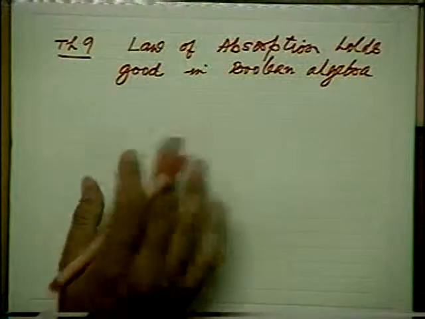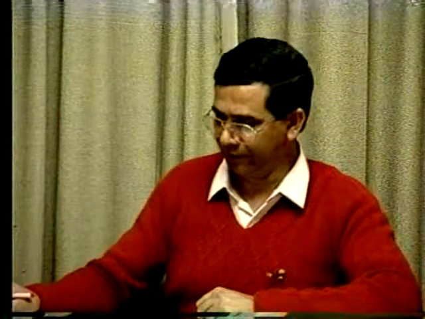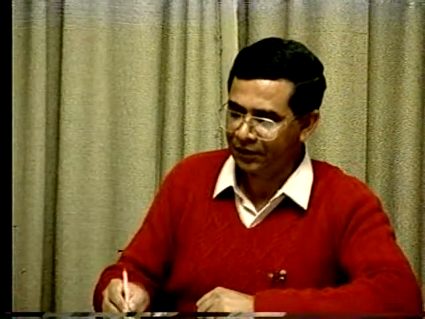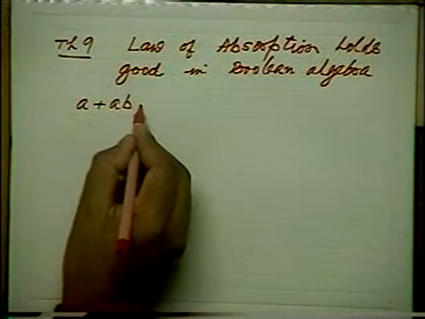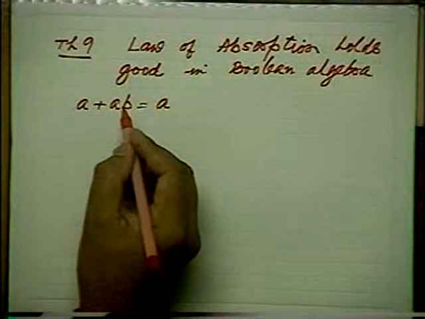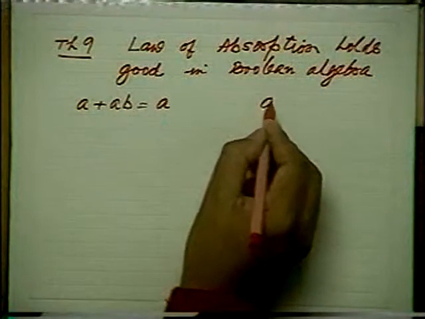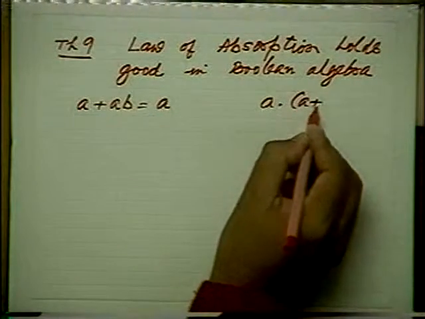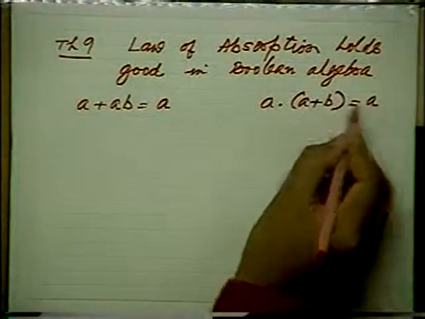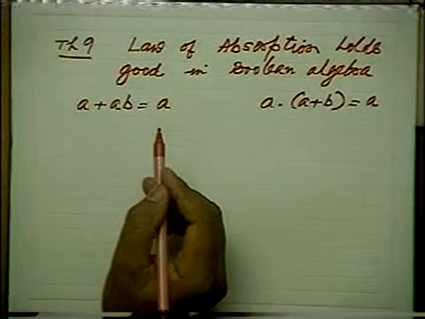Now, what's the law of absorption? The law of absorption is, for example, A plus AB is equal to A, and A dot (A plus B) is equal to A. That's called the law of absorption.